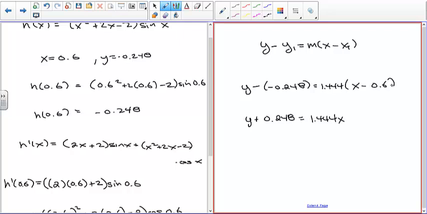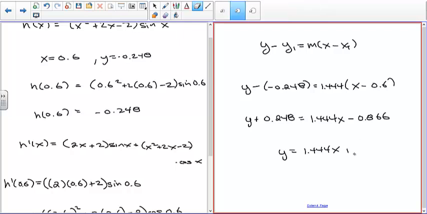And 1.444 times 0.6 is 0.866. And if we subtract 0.248 from both sides, we get minus 1.114.